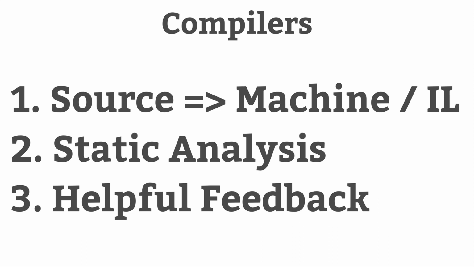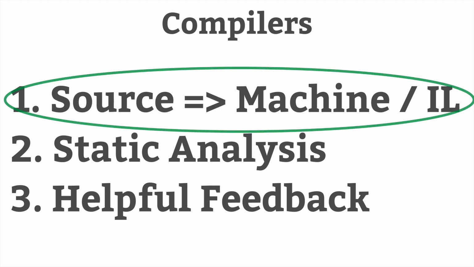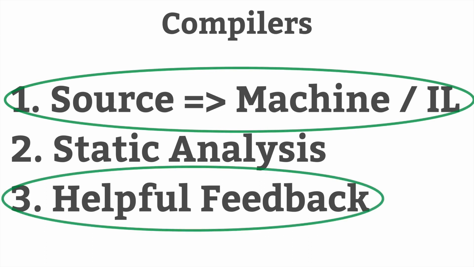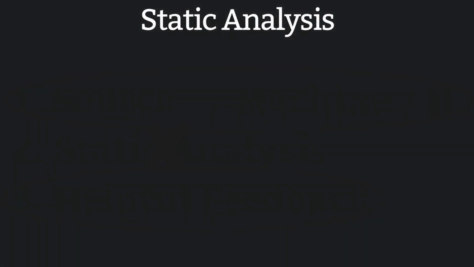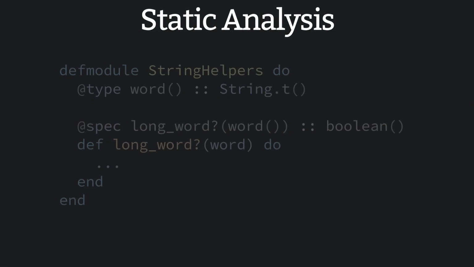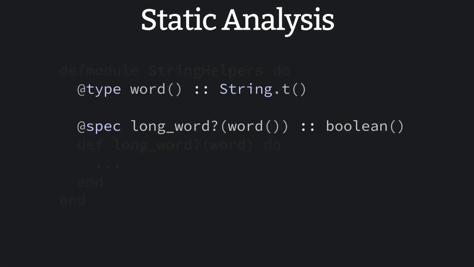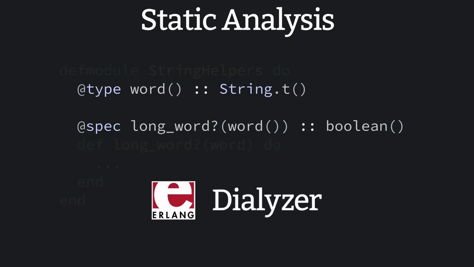Well, Elixir's compiler does the first item, and it also does the last item to some extent, but it doesn't do static analysis. Now, there are ways to perform static analysis in Elixir, but it requires adding special type annotations to your source code and then running your code through an Erlang tool called Dialyzer. But keep in mind, this is totally optional.